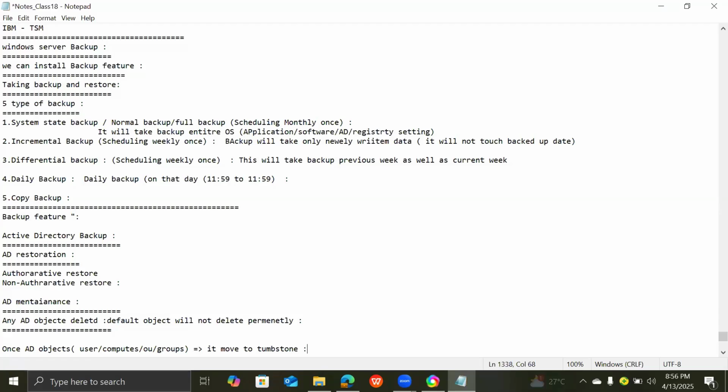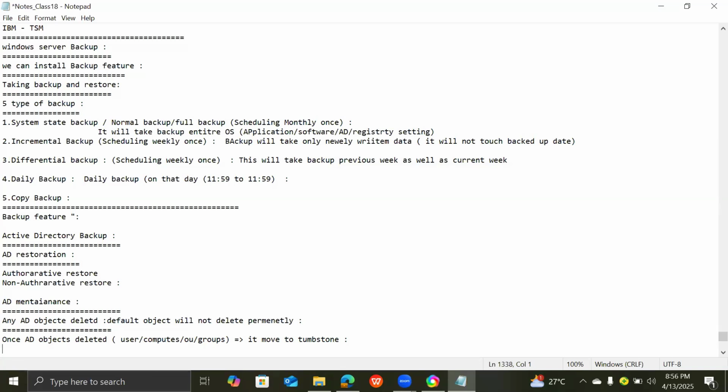How does the Active Directory maintenance process happen? Once an AD object is deleted, it will move to the tombstone. What is a tombstone here?